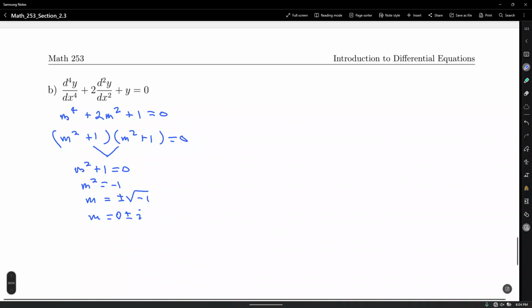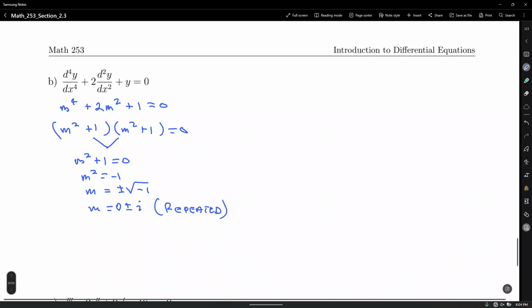So this means, and well, this is actually repeated. Let me just state alpha equals 0 and beta equals, what is that? 1, right? That's whatever i is multiplying, an invisible 1.